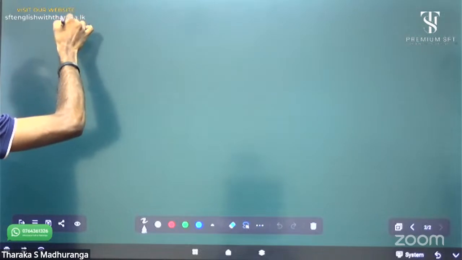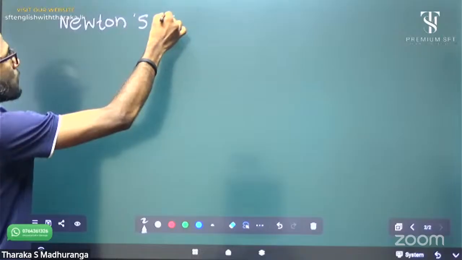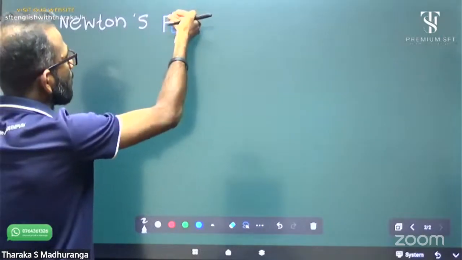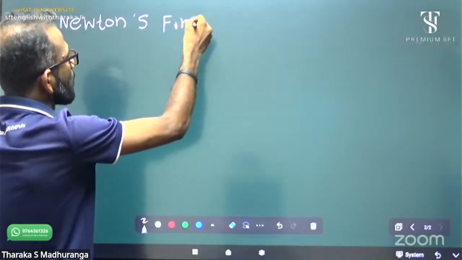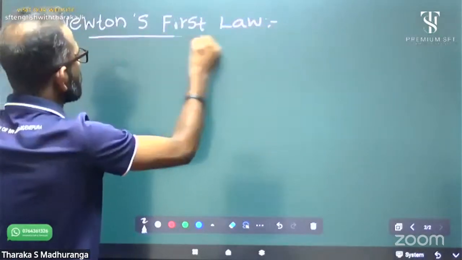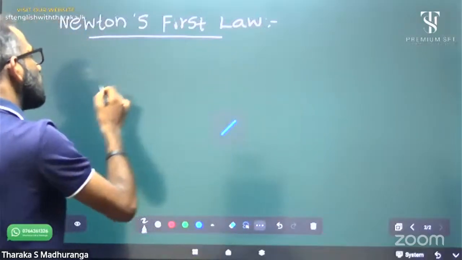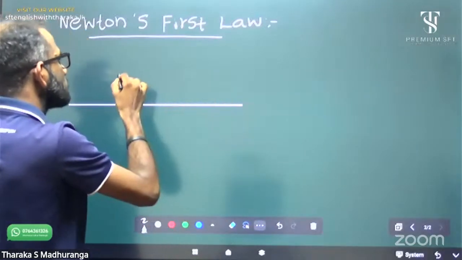Balanced object means if there is no unbalanced force acting on an object, it is a balanced object, for example 10 Newton and 10 Newton.